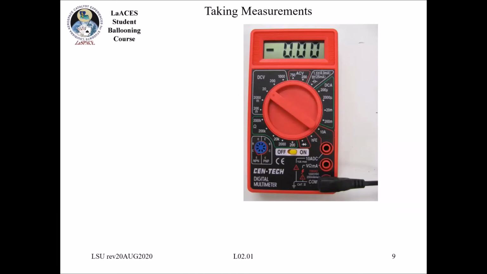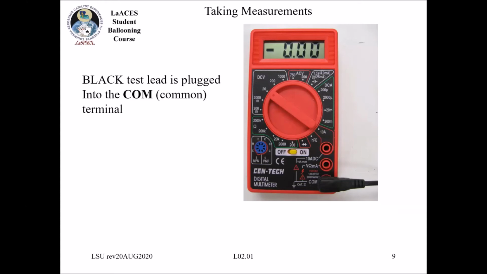So this is how you take measurements with it. You put that black lead in the bottom, and just a real quick note about the black and red. For circuits that sit on the bench top, you often find that black is ground.